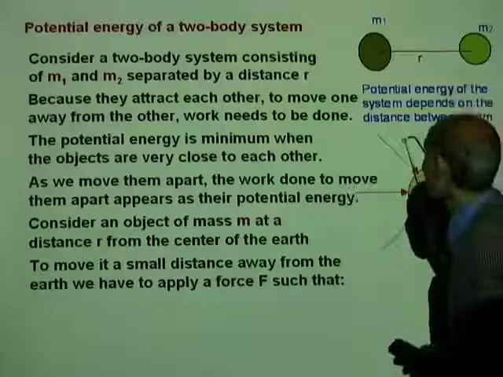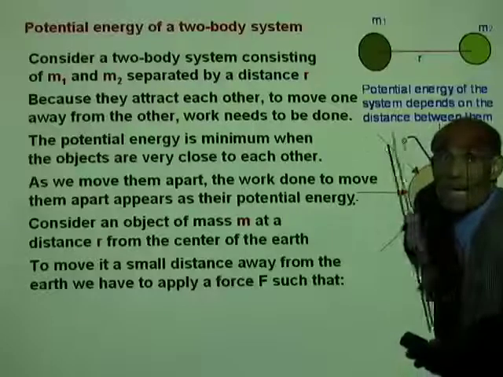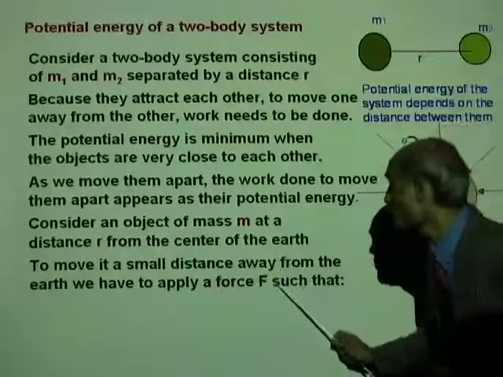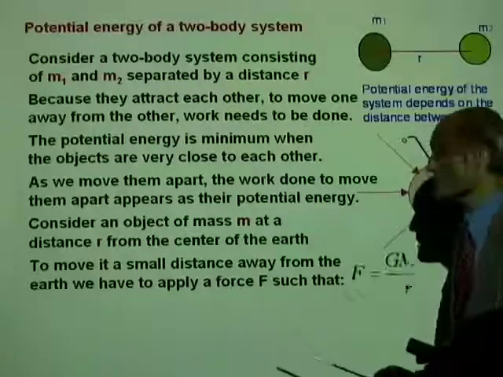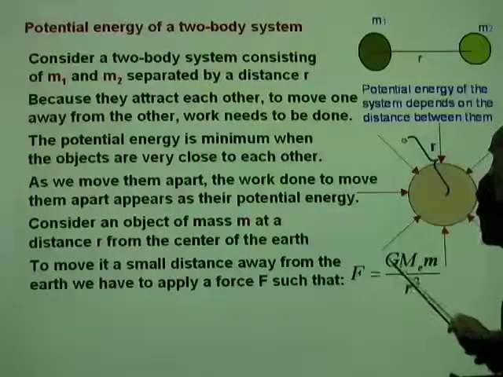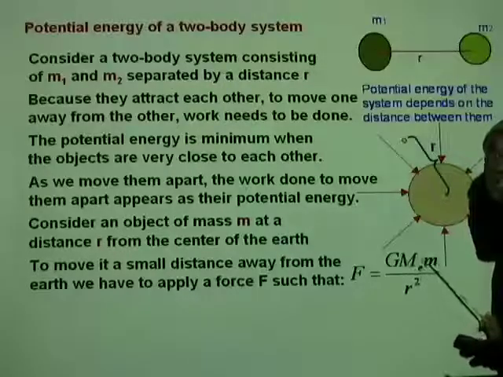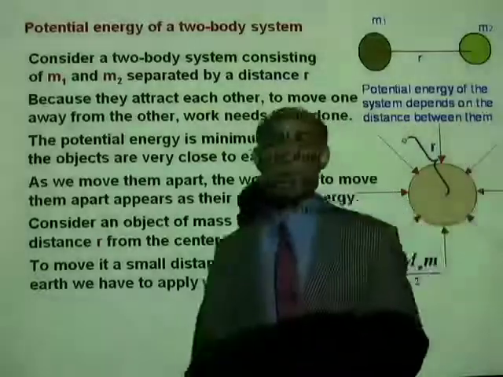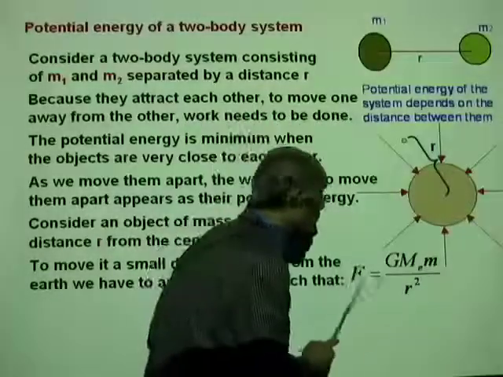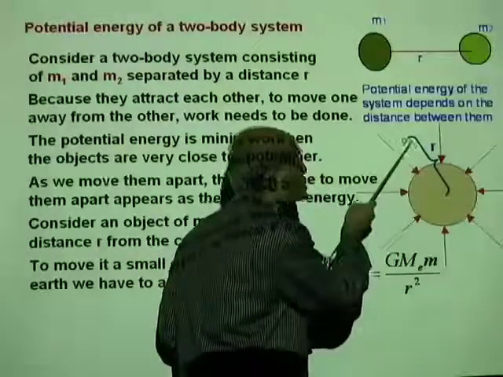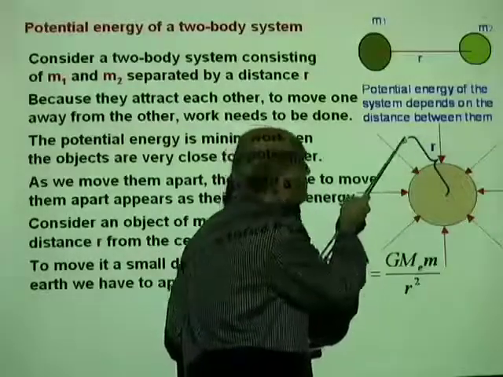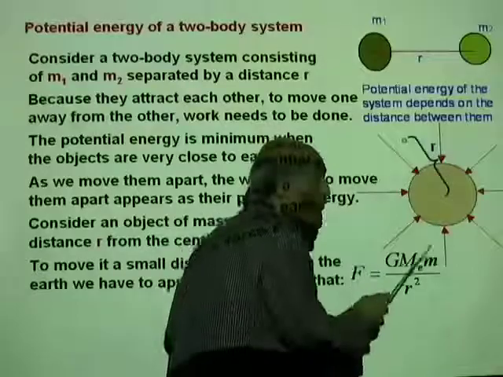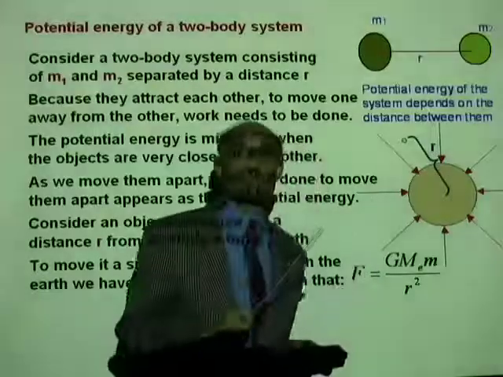That means if I want to move this object, I need to apply a force F on it, such that F equals G M_E m over r squared. Well, what does that mean? It means that force depends on this distance r. As the distance changes, the force will also change.